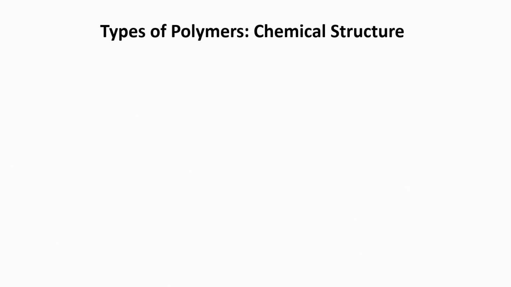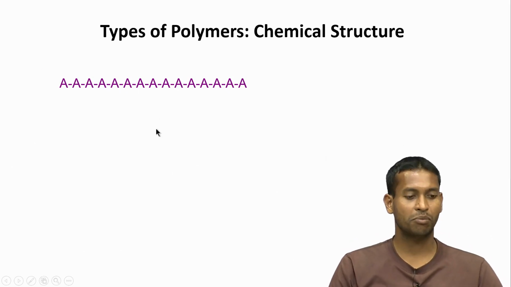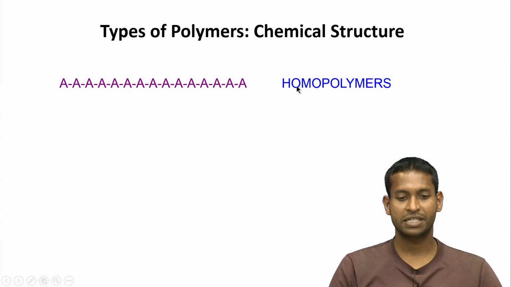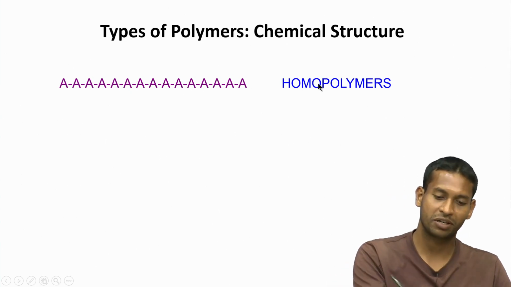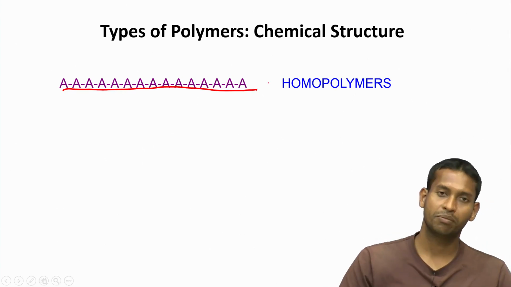So, what are the different types of polymers? In terms of the chemical structure, you can have a polymer in which there is a single monomer called A, which is being connected in this format. This is one type, and these are called homopolymers, because all of the molecules here are the same monomer.